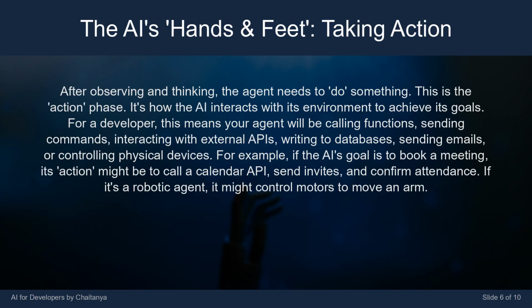For example, if the AI's goal is to book a meeting, its action might be to call a calendar API, send invites, and confirm attendance. If it's a robotic agent, it might control motors to move an arm.